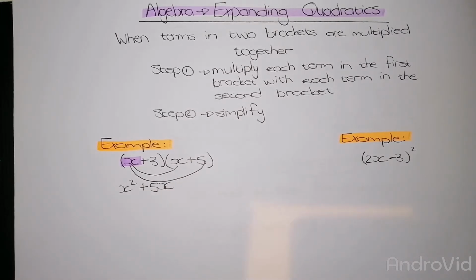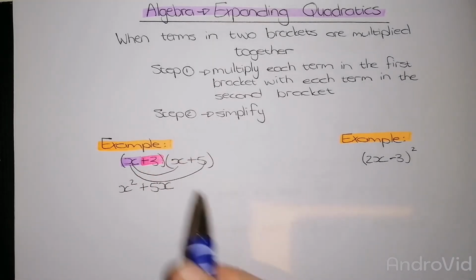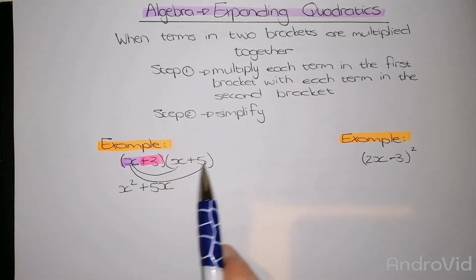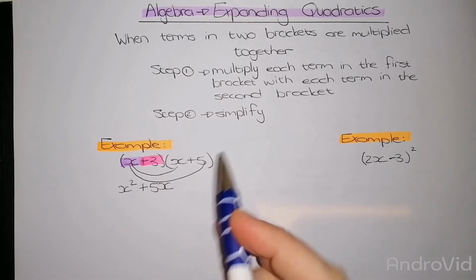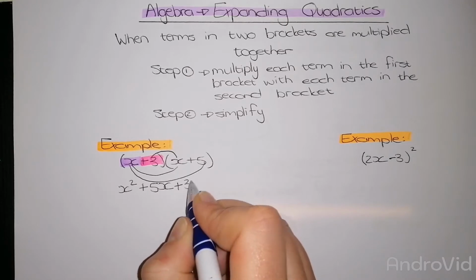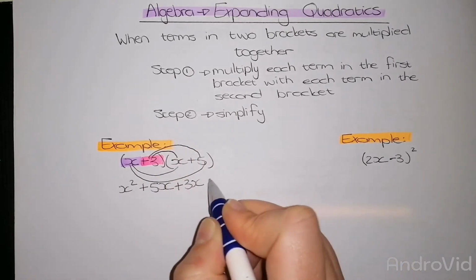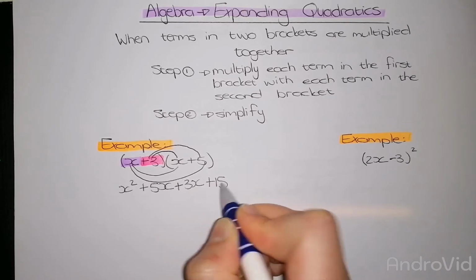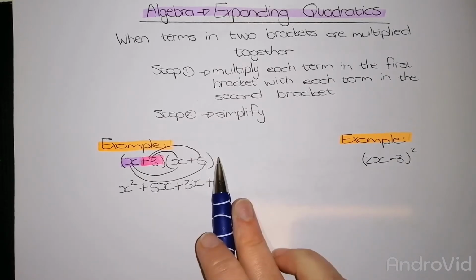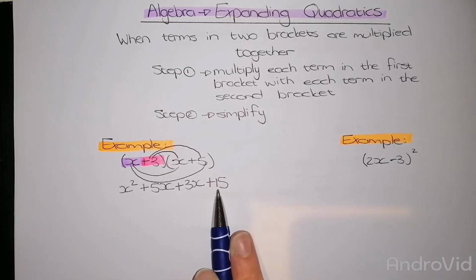The second one we need to look at is the 3, because the rule is we need to multiply everything in the first bracket with everything in the second bracket. So 3 times x gives me positive 3x, and 3 times 5 gives me 15. Now that I've expanded my brackets, gotten rid of both sets of brackets, now I need to simplify this.